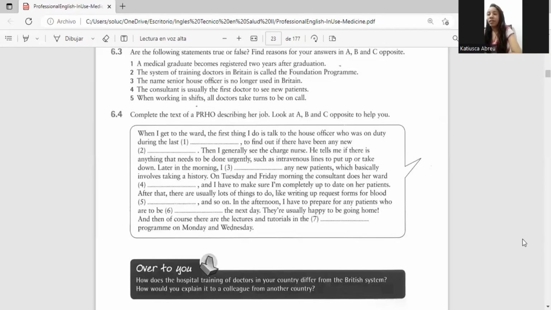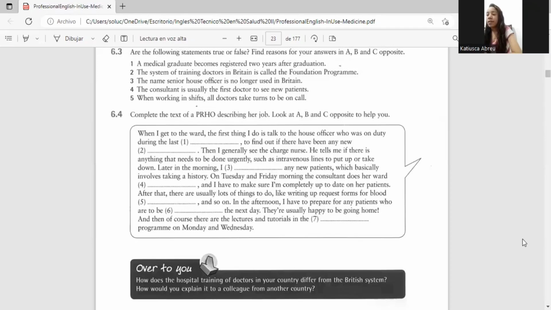Then I generally see the charge nurse. He tells me if there is anything that needs to be done urgently, such as intravenous lines to put up or take down. Later in the morning, I clerk any new patients, which basically involves taking a history.